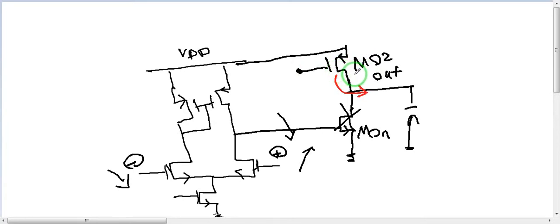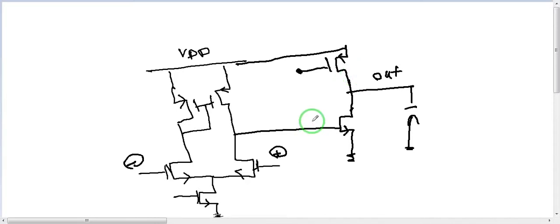So the quasi-floating gate, if I remove all of this and go back to MO1, I'm going to be better in the next session with the drawing and everything. As you can see, the charging is limited.